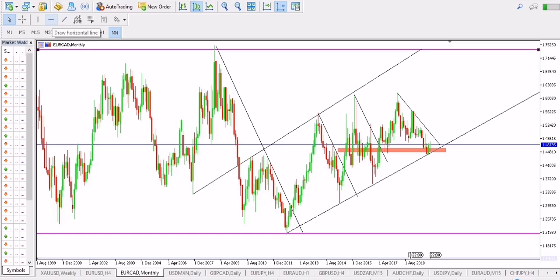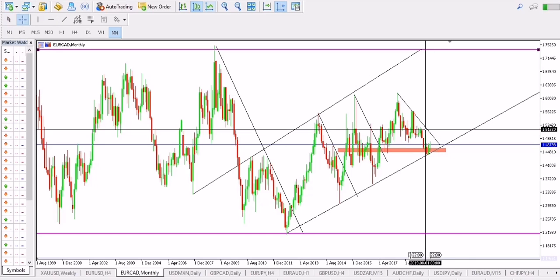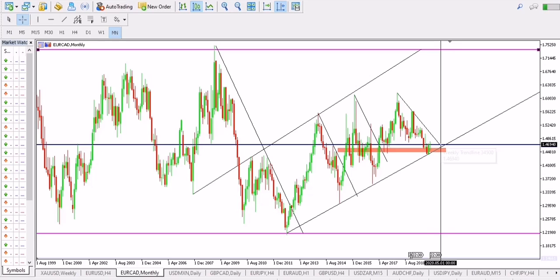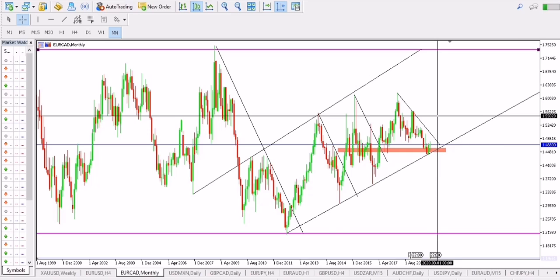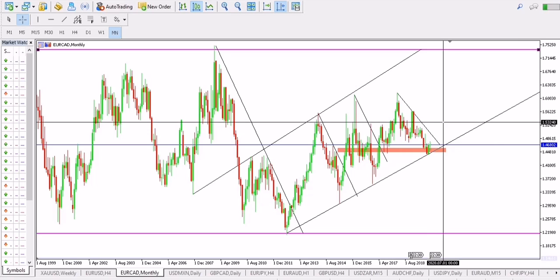For any ideas on where to set your profit, that's around this area where you have to buy based on whatever strategy that you're going to be using. But for TP, you buy here around 1.4973, around 1.52.